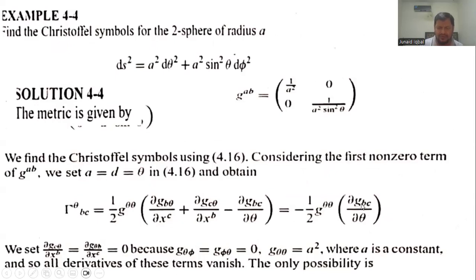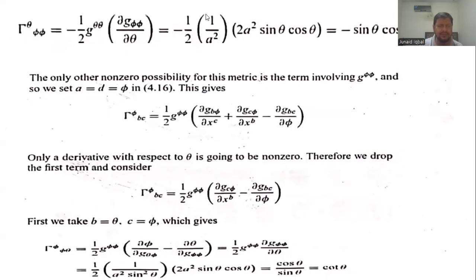So there is only one case, when B is equal to C is equal to phi. So therefore we have the Christoffel symbol gamma super theta phi phi, which is equal to minus sine theta cos theta.